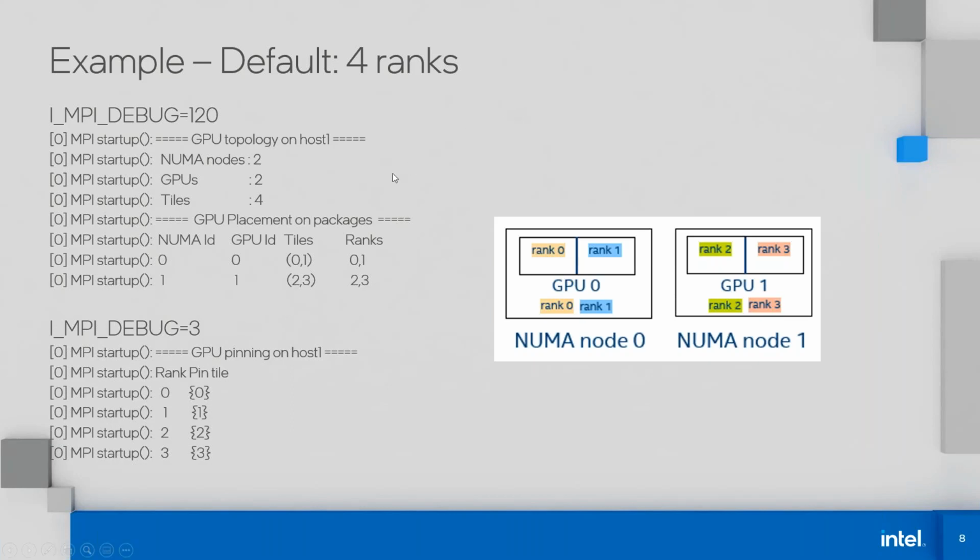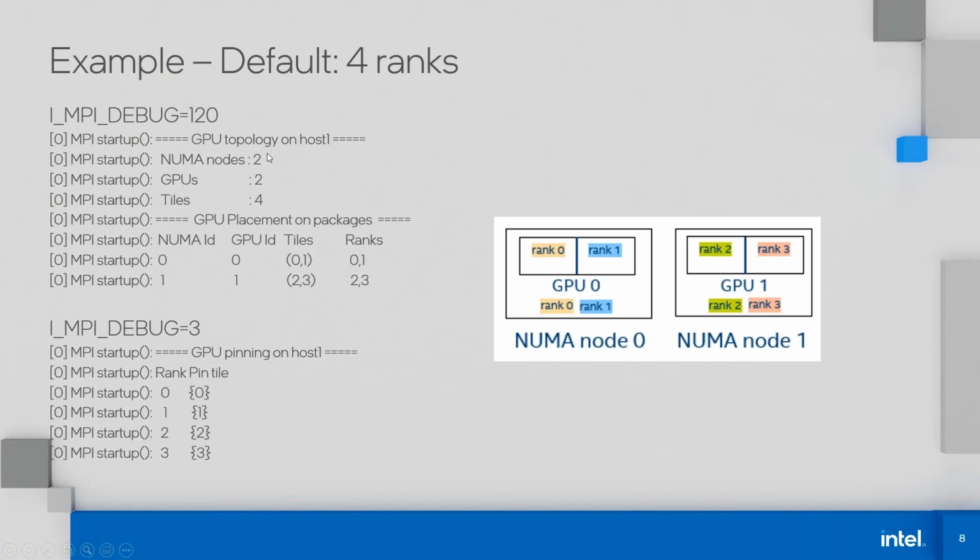You can also find the result of GPU pinning in our debug output. If you set I_MPI_DEBUG equals 120, then it will show how Intel MPI identified the GPU topology. You will see it for each host.